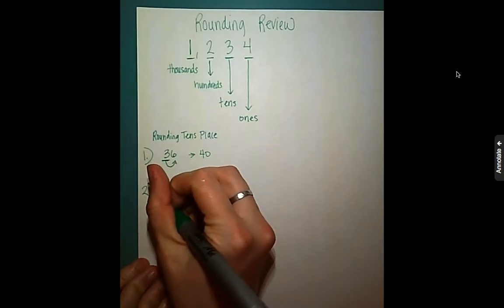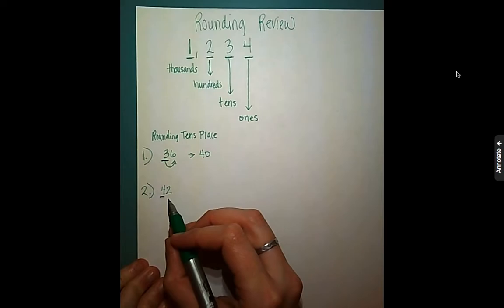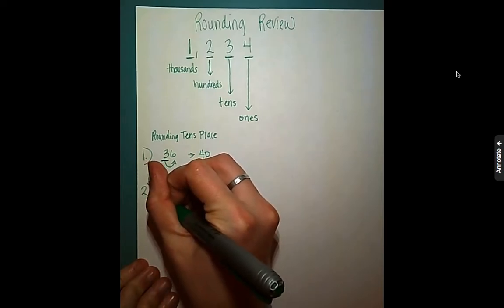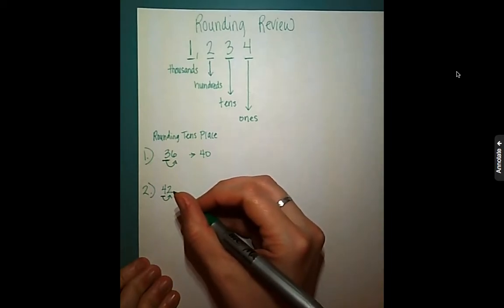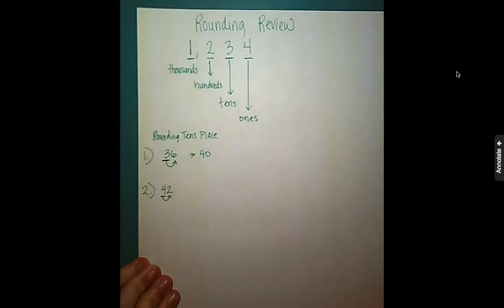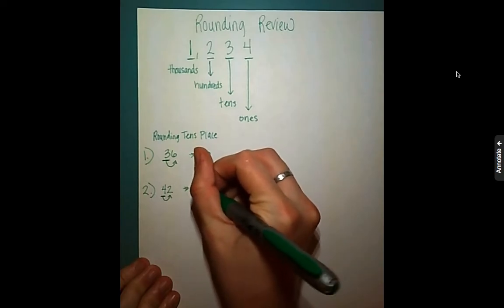So I'm just going to underline that. Alright, so I'm going to look in the ones place and look at that number. Is 2 5 or more? It is not. If it's not, you're not going to round up. It's going to be 40.